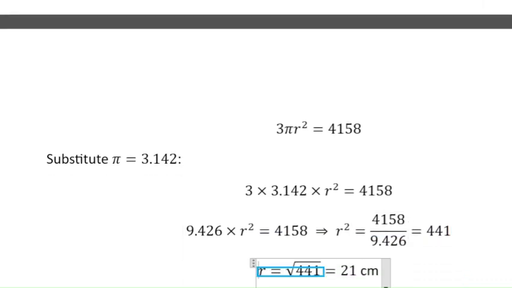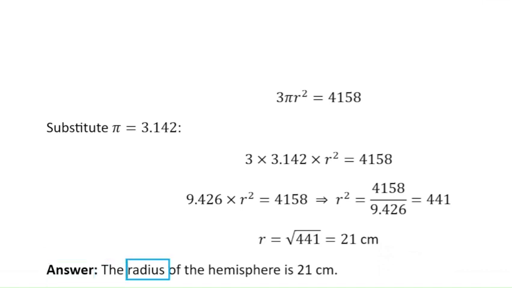R equals square root of 441 equals 21 cm. Answer: the radius of the hemisphere is 21 centimeters.